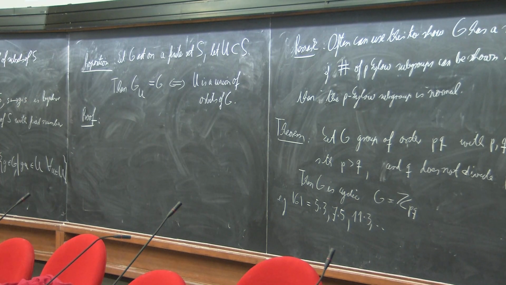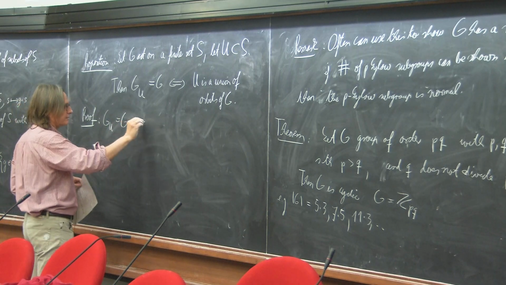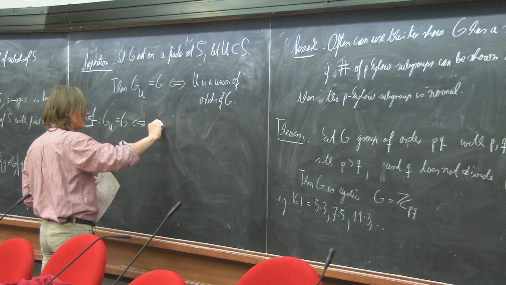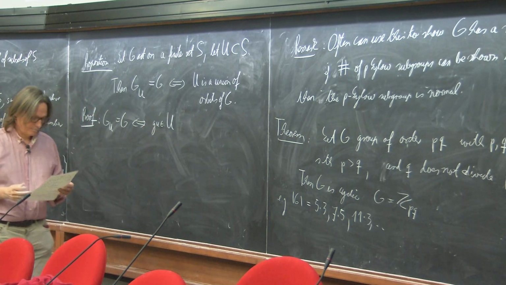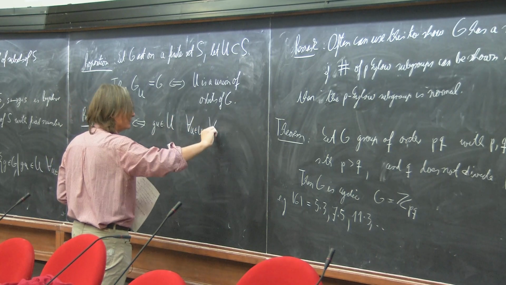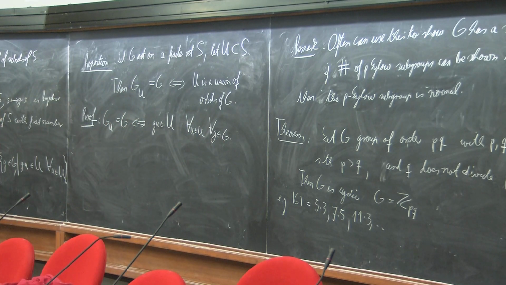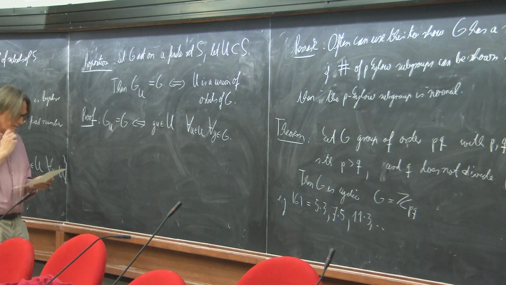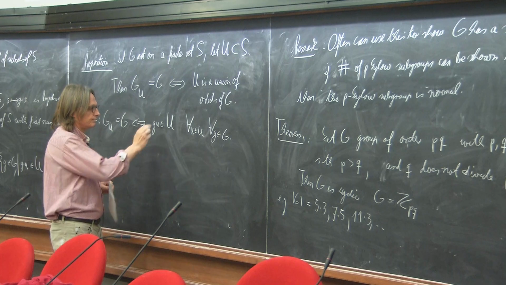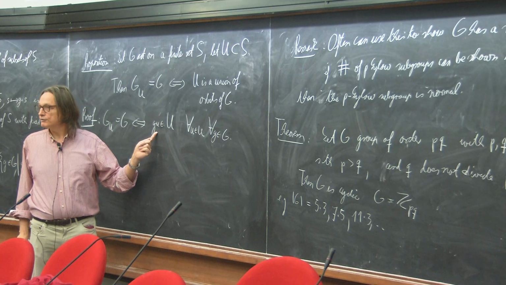Or it is trivial, but one has to remember it. So G_U is equal to G by definition if and only if g times u is in U for all u in U and for all g in G. That's what it means to be in the stabilizer. So if I take the set of all g times u with g in G, this is the orbit of u.